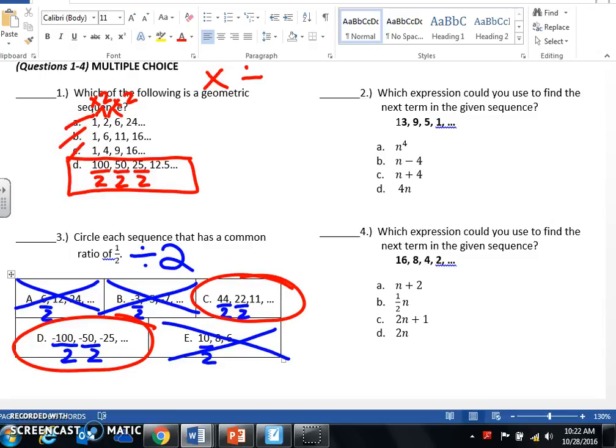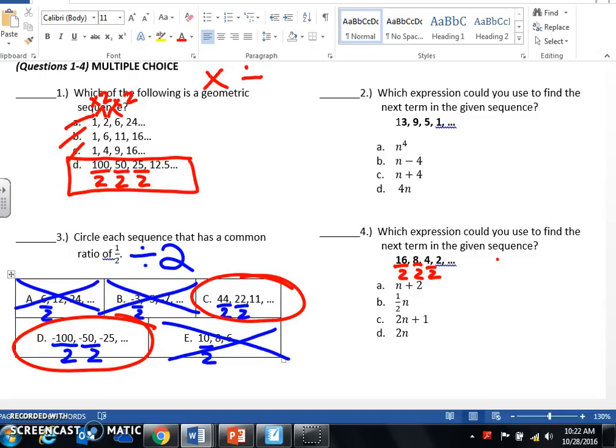All right, so for 4, you could just start off like I did on number 2, or you could just straight up say, okay, to get from 16 to 8, I would subtract 8. 8 minus 8 is not 4, it's 0, so I can't subtract. So let me try dividing. 16 divided by 2 is 8. 8 divided by 2 is 4. 4 divided by 2 is 2, and so forth.